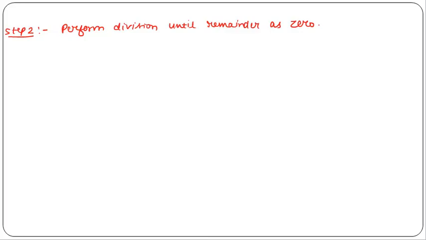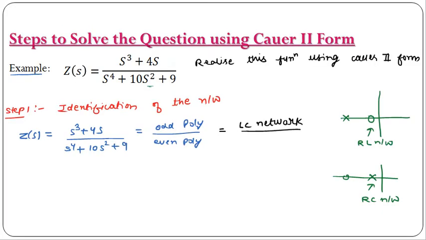Also in the Cauer form the highest degree polynomial will come in the numerator. So if we observe this impedance function, the highest power of s in the numerator is 3 and in the denominator we are getting s power 4. So of these two, the highest degree polynomial will come in the numerator. It means we have to reverse this function, then s power 4 will come in the numerator.